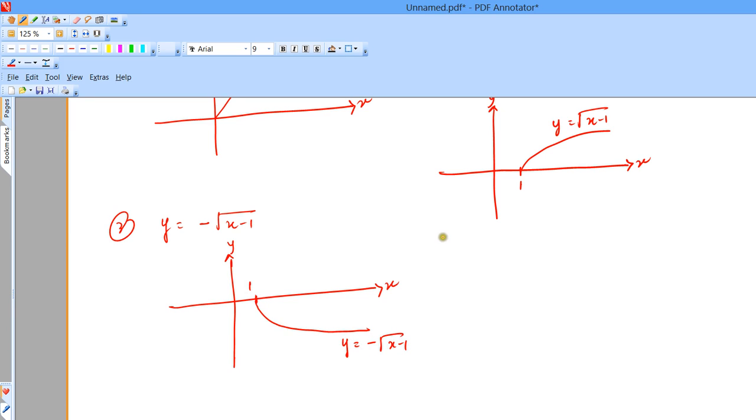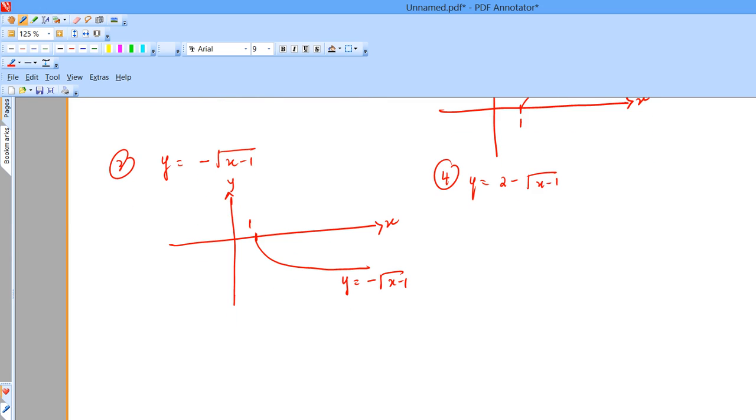And number 4, the complete graph is y equal to 2 minus square root of (x minus 1). It means we add 2 to the overall function, so this graph will shift upward by 2 units. Shift upward by 2 units.